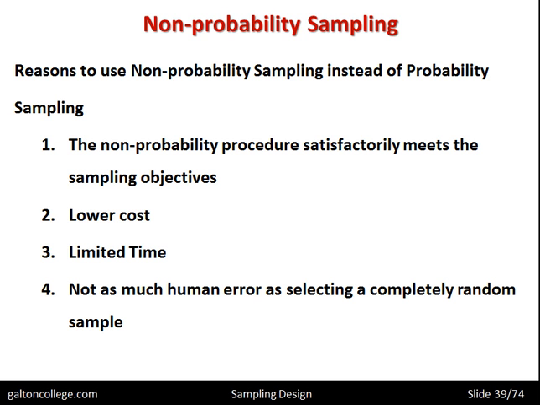We'd have to assign a number and try to draw out numbers randomly. We'd have to determine the size of the random sample we needed. Then we'd have to book appointments with these people, and travel all over the country to try and interview them, only to find when we get there perhaps they've nipped out for some shopping or have gone on holiday. So sometimes, because of non-responses, there are errors involved in completely random sampling.